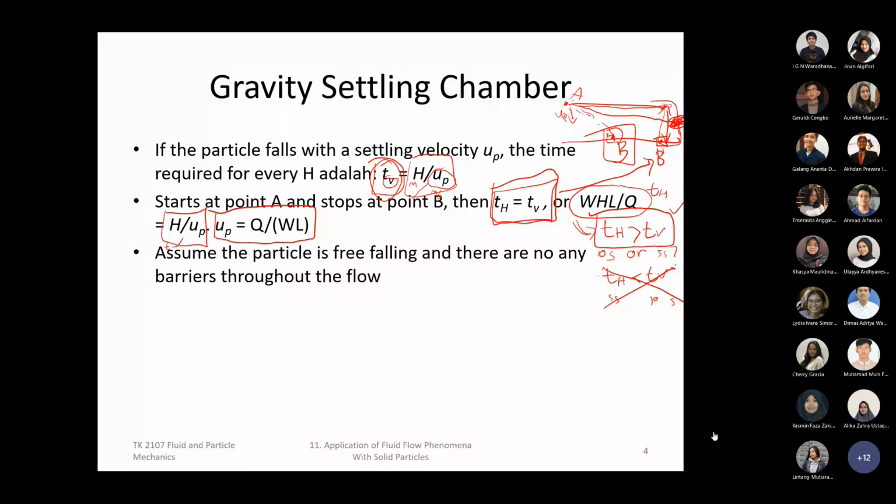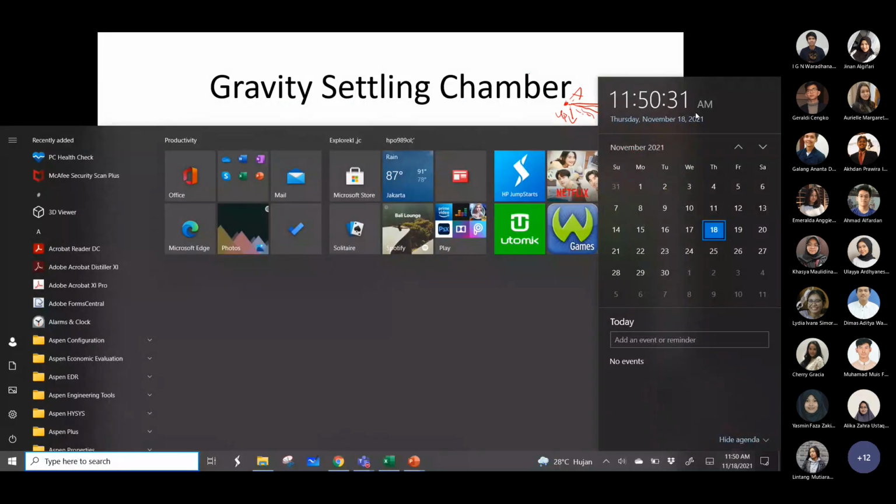Any comments? So the 23rd, is it possible that we have 2 hours? Then you only have 1 hour session on Thursday by Pak Wawan.